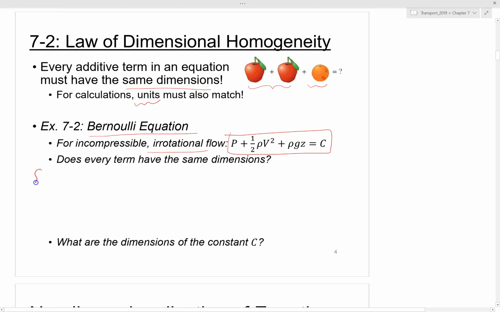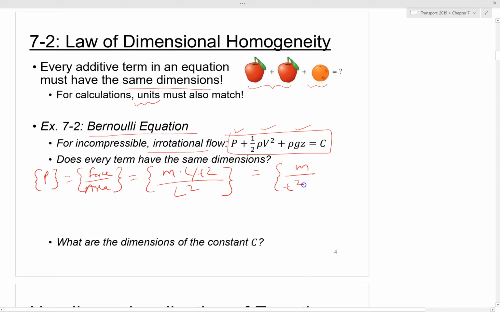So let's check the pressure term. Again, this is a must thing. You need to have the dimensions all to be same in order for equation to be valid. M over T square L. Okay.